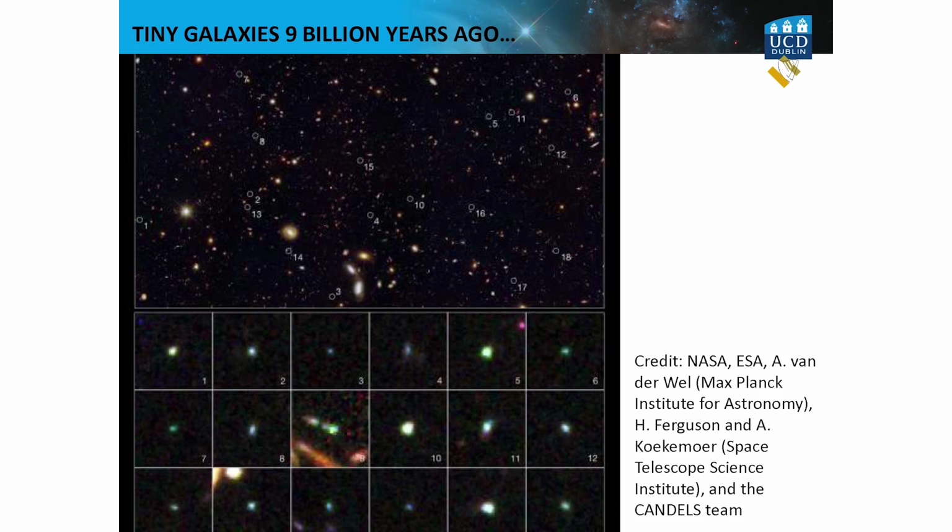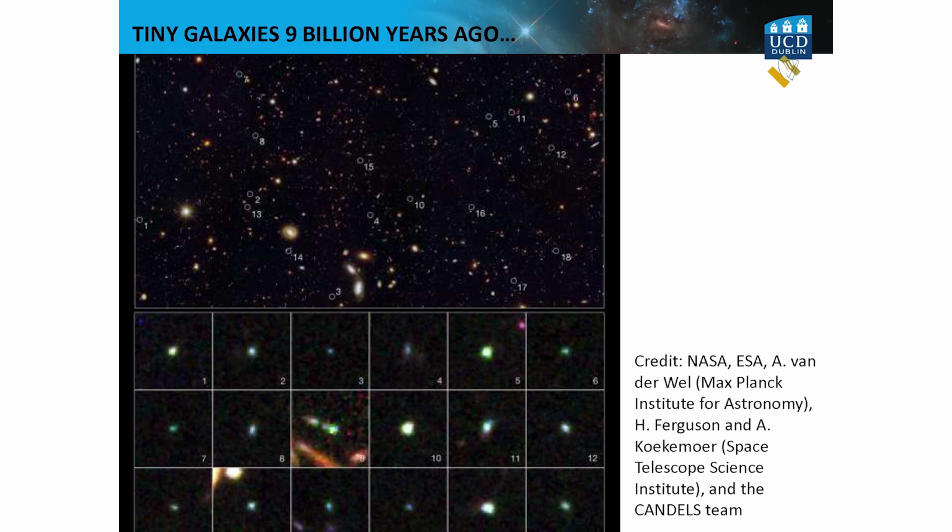If you look at some galaxies from the very early universe, so 9 billion years ago, so at around here-ish, what Hubble Space Telescope is seeing, all these basically invisible numbered dots here in that map, in this zoomed in image, are all galaxies.